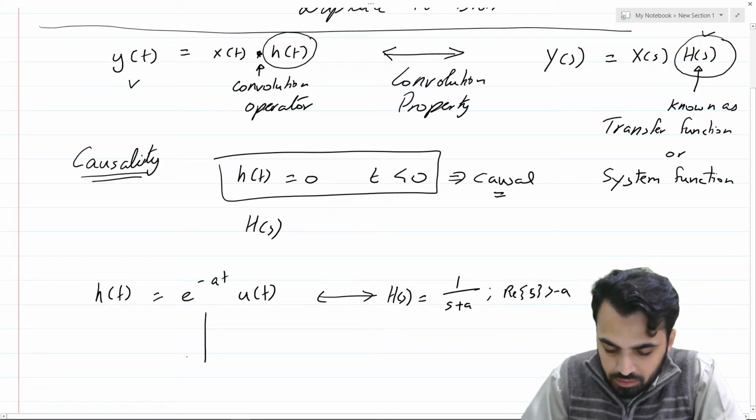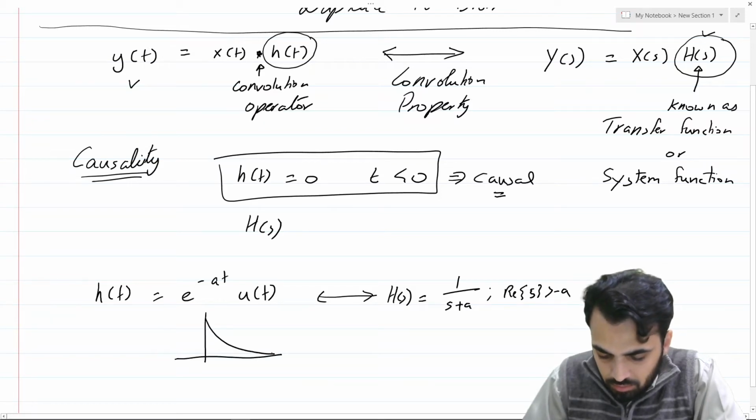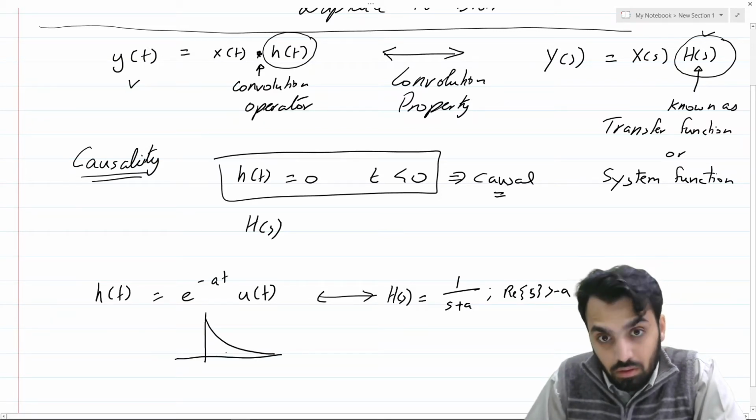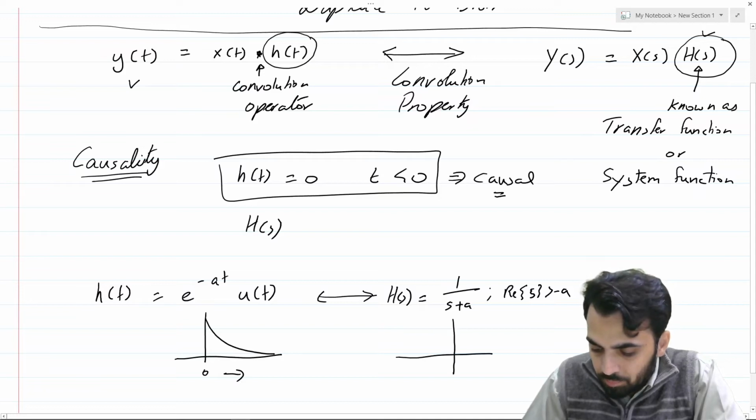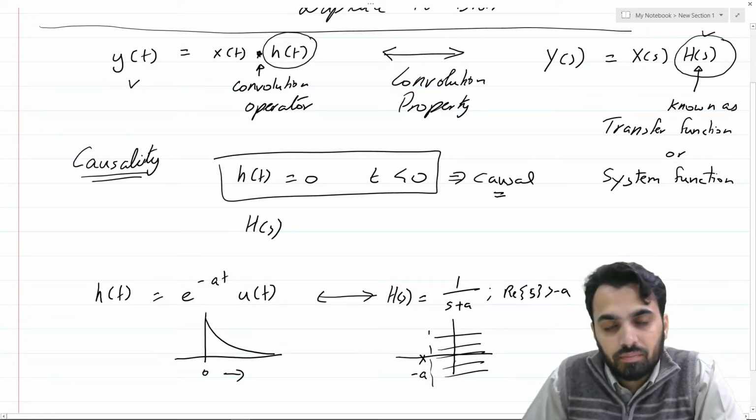That function in time domain is causal. It is starting from 0 and it is right sided. At the same time, in terms of the region of convergence, we have a pole at minus a and the ROC is to the right of it.